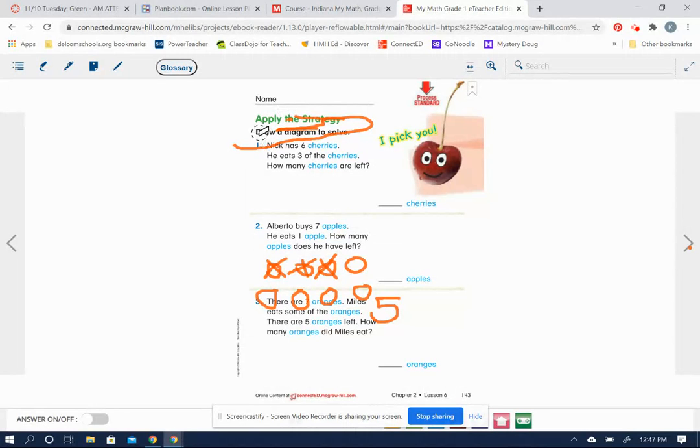Let me erase. Careful not to rip my paper. That was a joke. Okay, so I've erased. Now how do I get my tools back? There's some tools up there. I don't know.